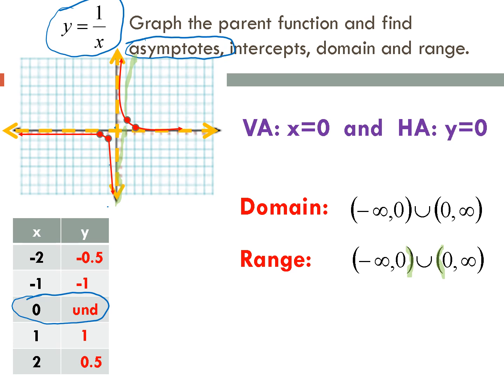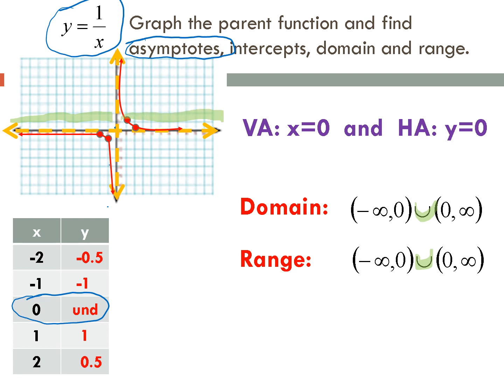Now, you may be wondering what these U's stand for. These U's stand for the union. So it's the union of the two domains. In terms of domain, the first part comes from negative infinity to 0, and then 0 to infinity.